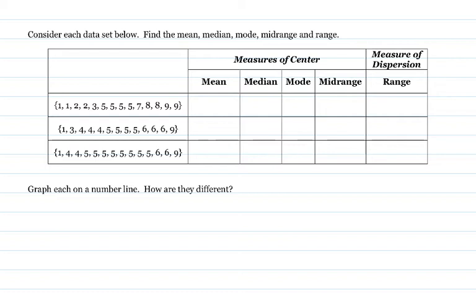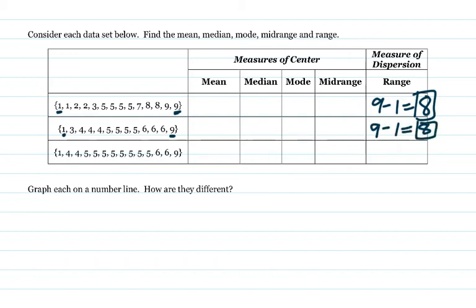So for this first set, our measure of dispersion is our range. That's what we're looking at. And we're taking our highest value 9 and subtracting our lowest value 1. 9 minus 1 is equal to 8. Then we have the next one. Same thing. The highest value is 9, the lowest value is 1, and the range is equal to 8.